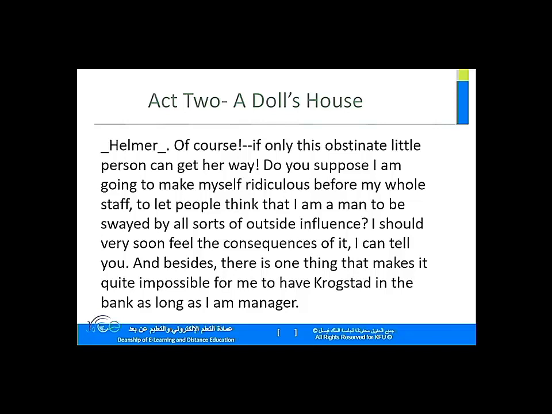So Nora could not leave her sick husband and go to her sick father to sign the papers, and there was no time for this. So that's why she signed the loan instead of him. And this is called forgery. And forgery is considered as a crime in front of law.